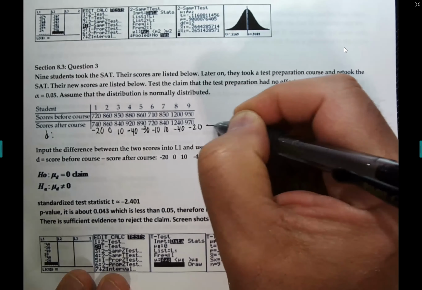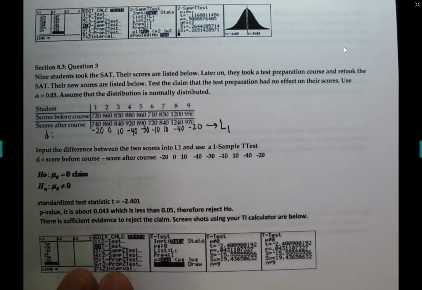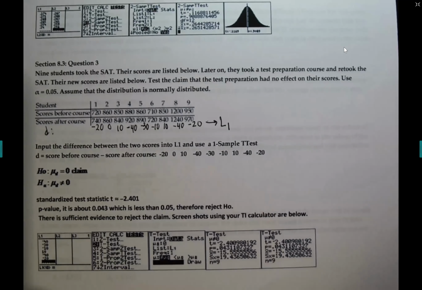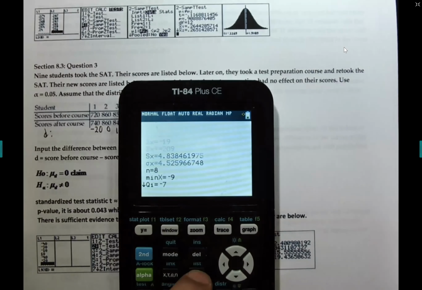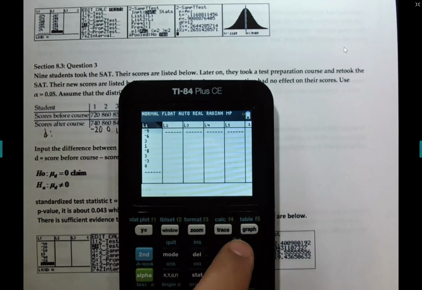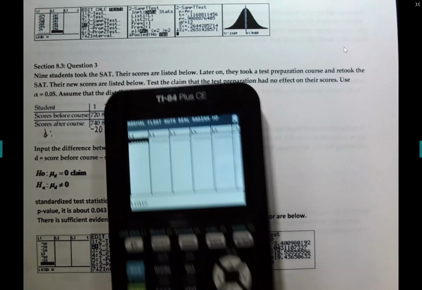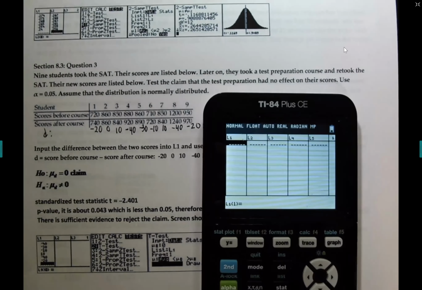This is your L1, guys. You can see I've done the work already right there. So let's put it in L1. Stat, edit, enter, L1. And let's put the data in there.